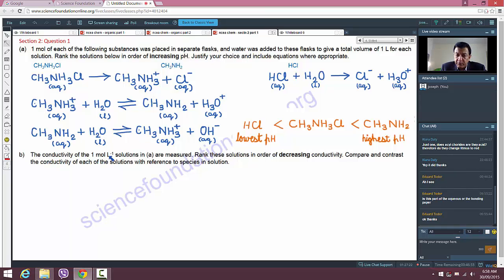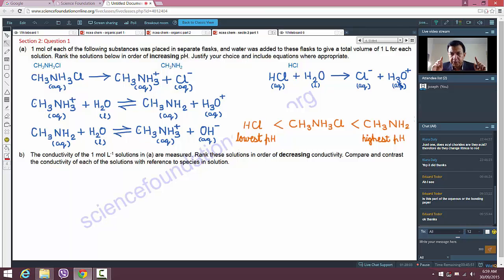The conductivity of the 1 mole per liter solutions in A are measured. Rank these solutions in order of decreasing conductivity. Compare and contrast the conductivity of each of the solutions with reference to species in the solution. In other words, you need to explain it. Now, to account for that, we need to really look at these solutions here. Look at this reaction. The HCl reacts with that, and they're all 1 molar, so you're dissolving 1 molar concentrations of everything. So that fully ionizes. Electrical conductivity depends on the total number of ions in the solution.